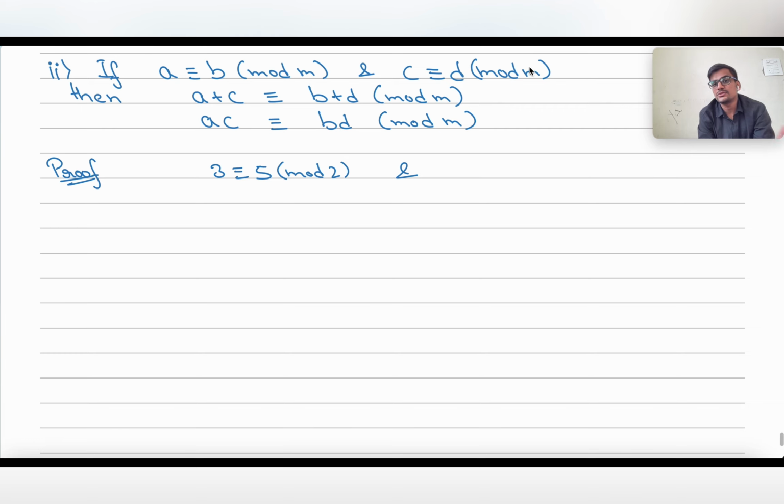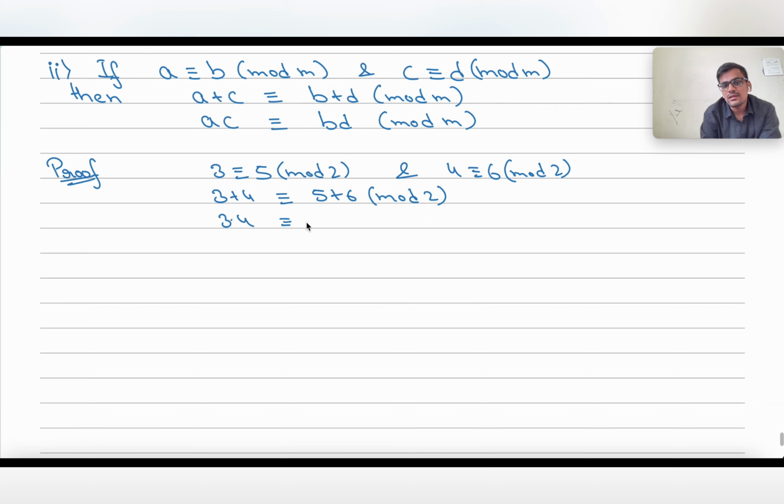We cannot use two different moduli. And 4 is congruent to 6 modulo 2. If we add, 3 plus 4 and 5 plus 6 give 7 and 11, which give the same remainder when divided by 2, so they are congruent. And 3 into 4 is 12 and 5 into 6 is 30, so they also give the same remainder modulo 2. So it is verified. Now see the proof.